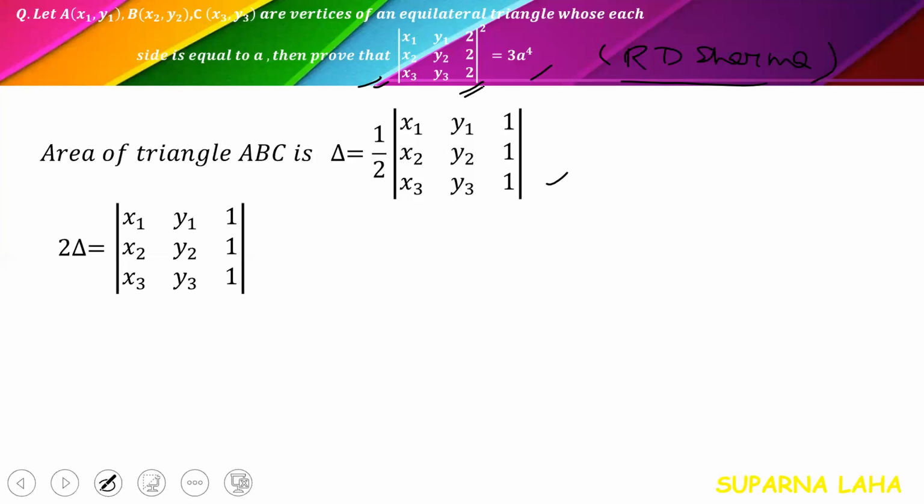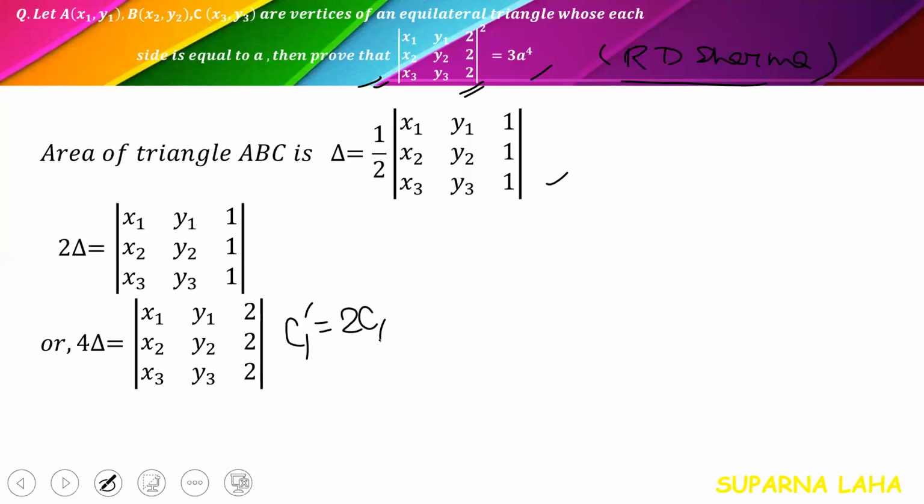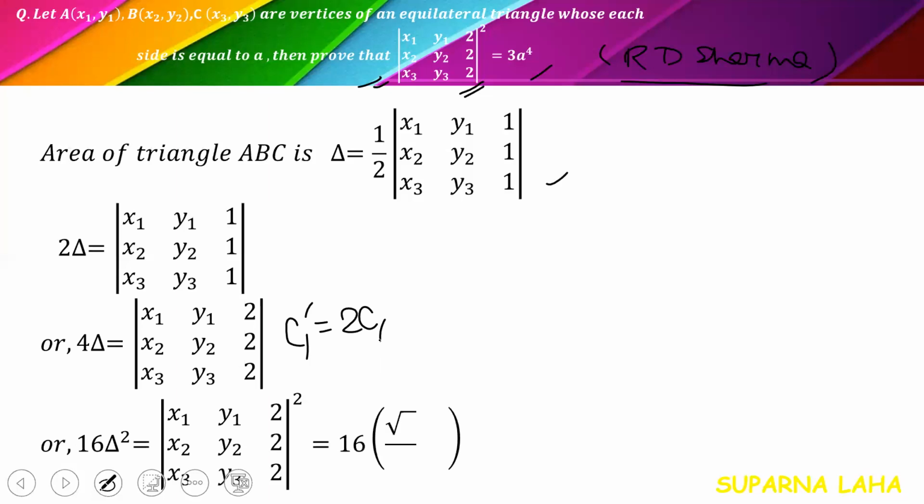So 2 delta I can write as this determinant. Now if I multiply this third column by 2, we need to multiply both sides of this equation by 2. So C1 dash is equal to 2C1. Okay. Now square both sides. So 16 delta square and this determinant square. Now it is given that this determinant square is equal to 3a square.